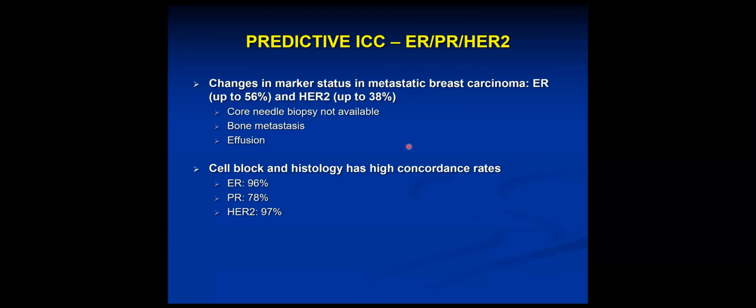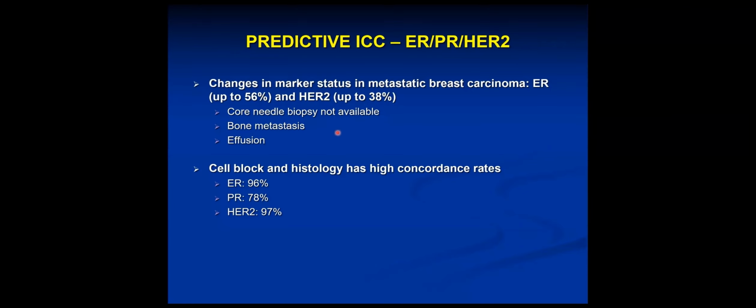In breast cancer, alterations in marker status are frequently observed in metastatic breast carcinoma, such as changes in ER seen in up to 56% of the cases and HER2 in up to 38% of cases. So ICC becomes significant when dealing with scenarios where, for example, there is no core biopsy, and when it is a bone metastasis or when it is malignant effusions.